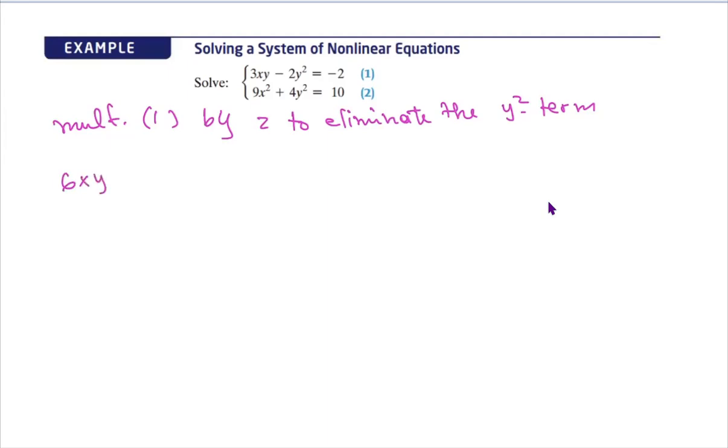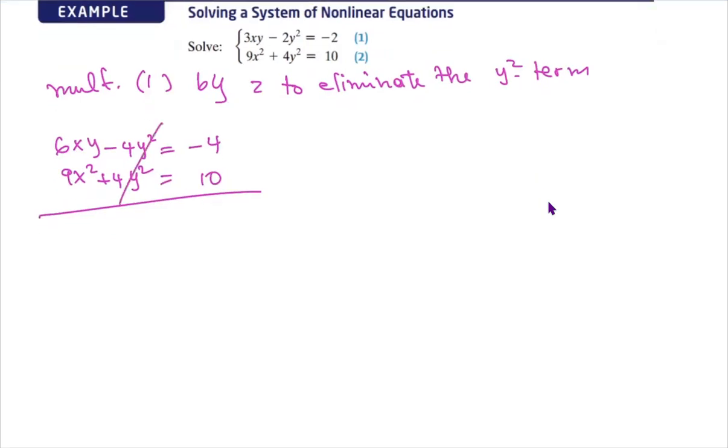Okay, now what happens? We got 6xy minus 4y squared equals -4, and then 9x squared plus 4y squared equals 10. The sum will cancel this.